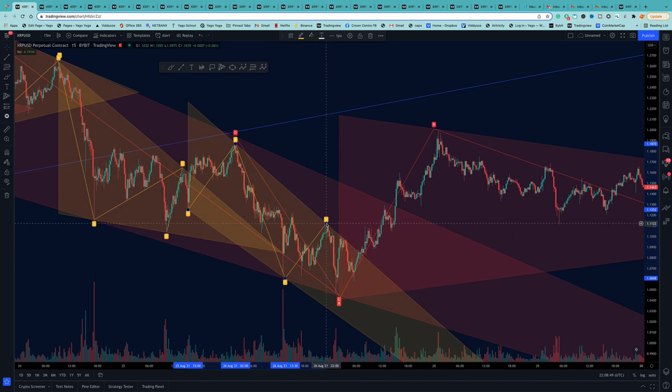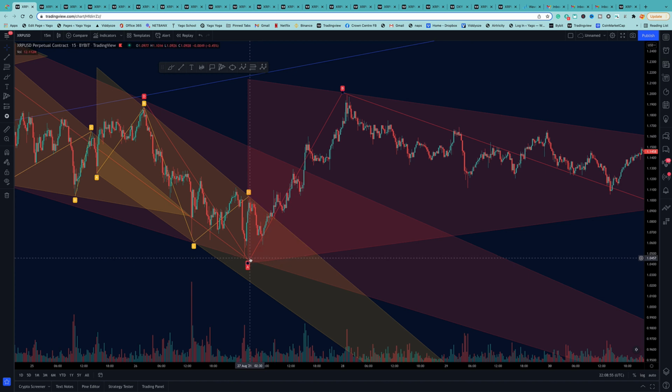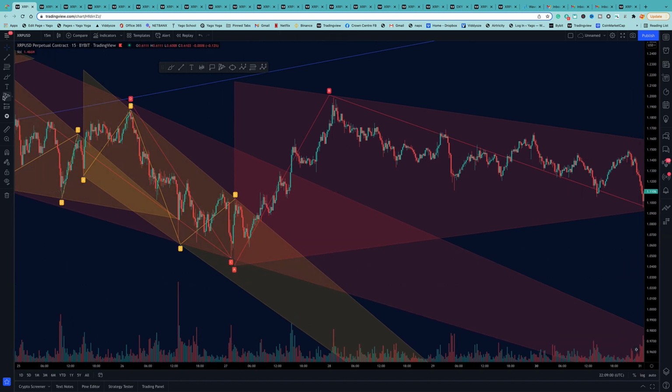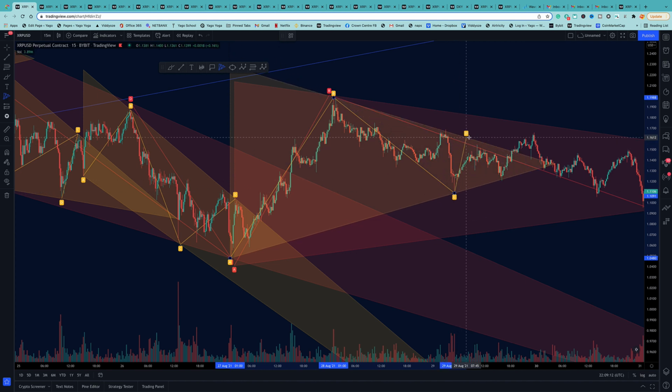You can even say there's another wave in there, and then the correction, and then the breakout. So from here to there, again, this is where you've got the sideways.